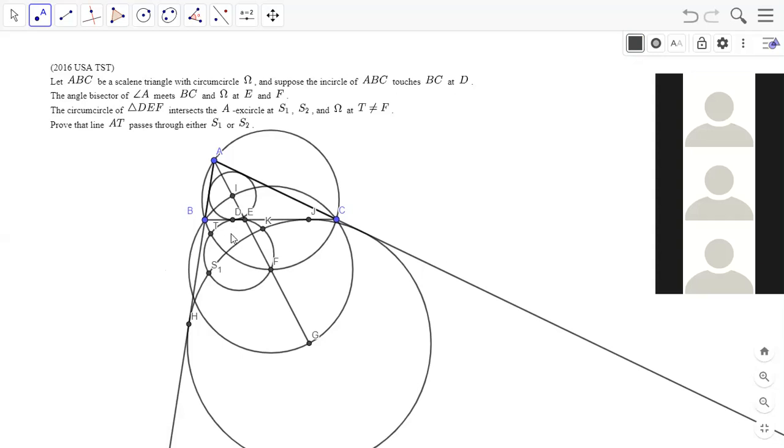T. J goes to D. Yeah, J goes to D. Yeah, because triangle ABT is similar to AJC, right? Is that true? I think so. It is true.